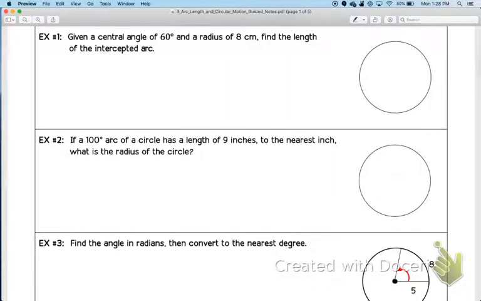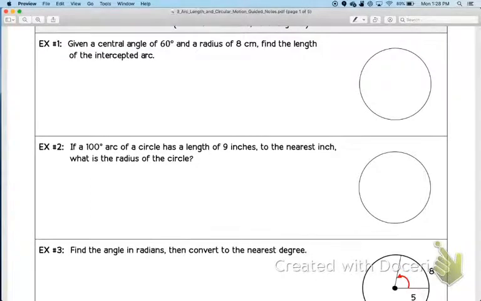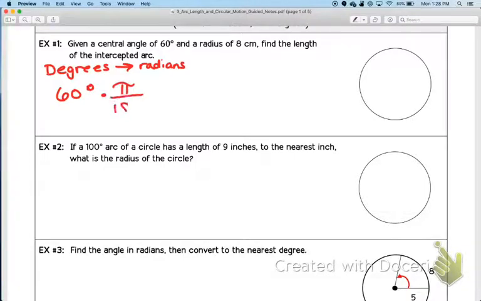For our first example, example number 1, it says, given a central angle of 60 degrees and a radius of 8 centimeters, find the length of the intercepted arc. The first thing we have to do is convert our degrees to radians. So 60 degrees, remember our conversions, we multiply by pi over 180 degrees.